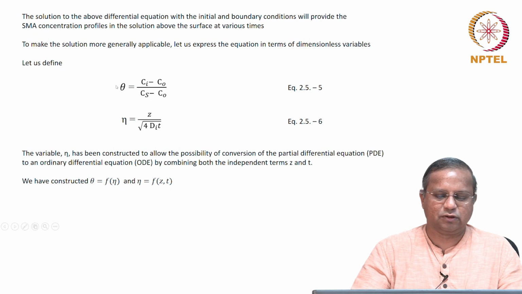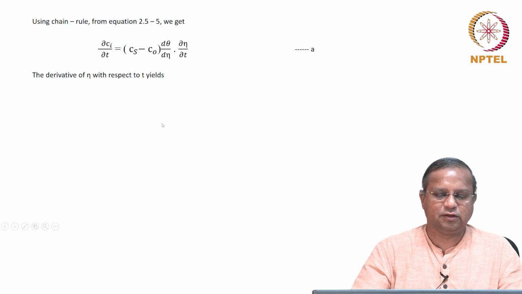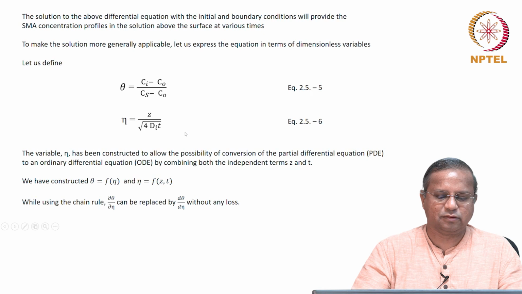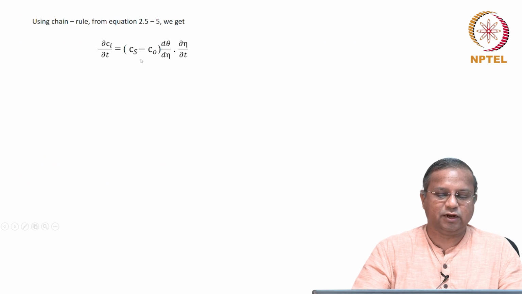So, we are going to see dou Ci dou t is Cs minus C naught times theta, plus C naught, and if you are going to take the derivative there, then it will become Cs minus C naught d theta by d eta, and by chain rule, since eta is also a function of t, you have d theta by d eta, and here you want the derivative with respect to time, and therefore, dou eta by dou t.